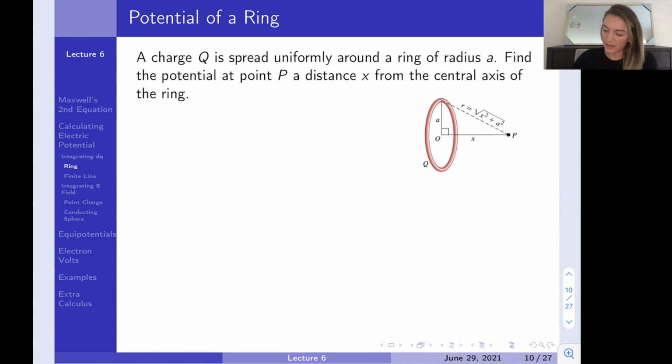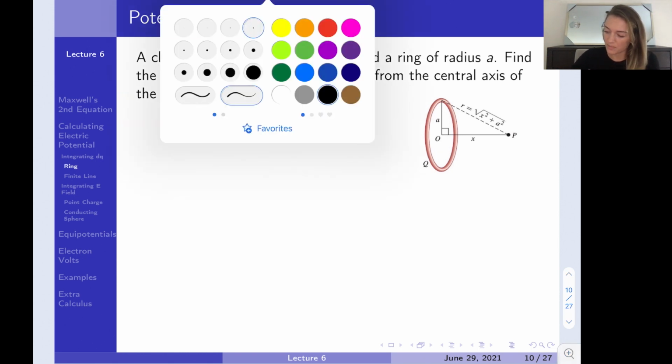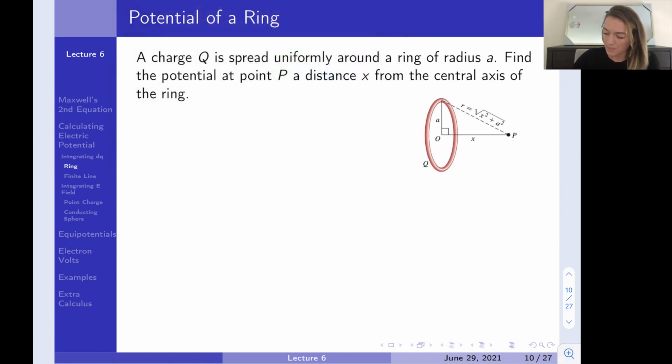So let's write down our equation that we're going to be using. Our potential is going to be 1 over 4 pi epsilon naught, and then we're going to be integrating dq over just r now. So let's actually not find dq yet, because we're going to see that this integral is actually pretty simple.